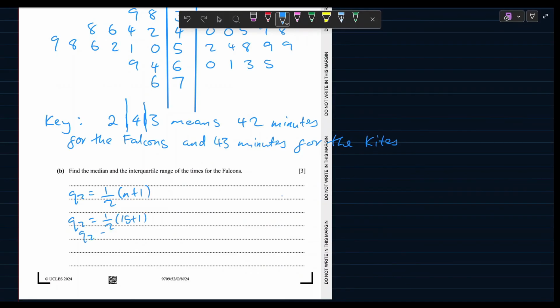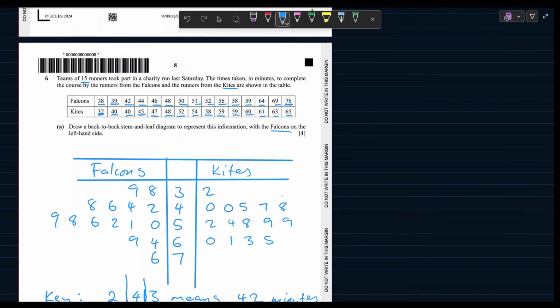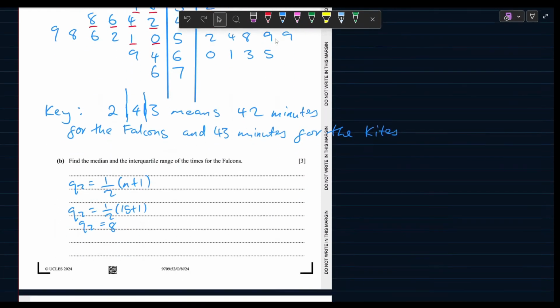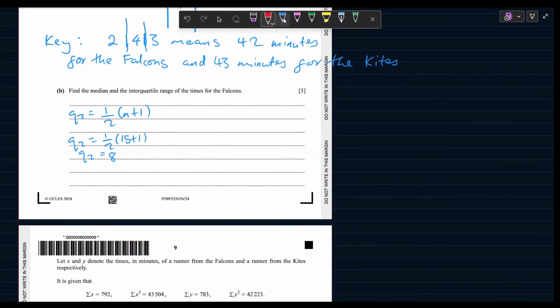Median position is 8. So let's find the value in the 8th position for Falcons. So that's 1, 2, 3, 4, 5, 6, 7, 8. So that's 51 minutes.